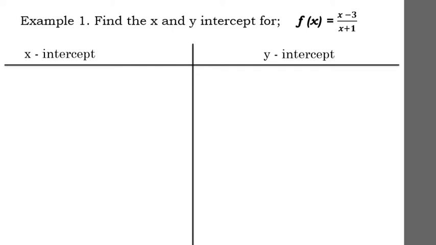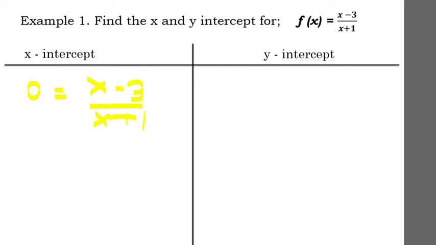Since f of x is equal to y, we're going to let the value of y equal 0. So 0 is equal to x minus 3 over x plus 1.